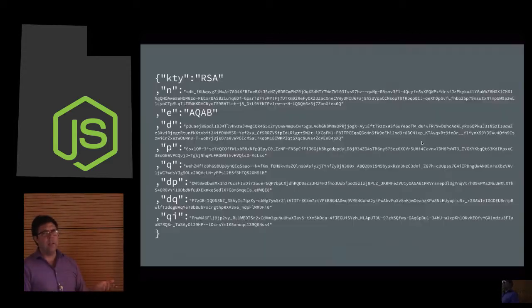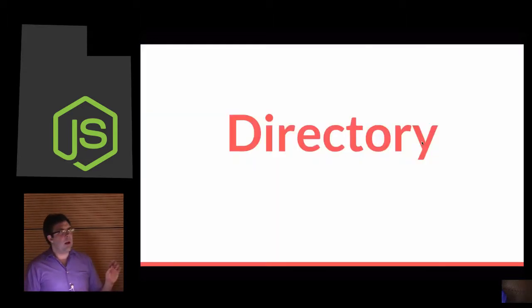And you can generate a public key, which is essentially a private key with the private parts deleted. So if I wanted to turn this into a public key, I would delete like Q and DP and DQ and QI, and I would just leave E and N, I think is the only thing that gets left over.